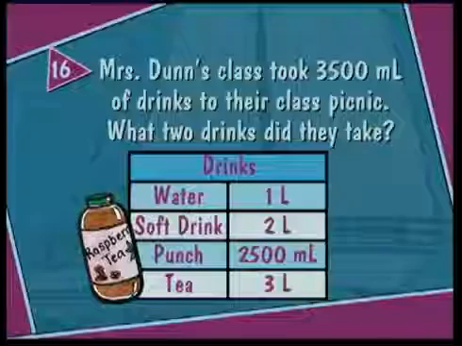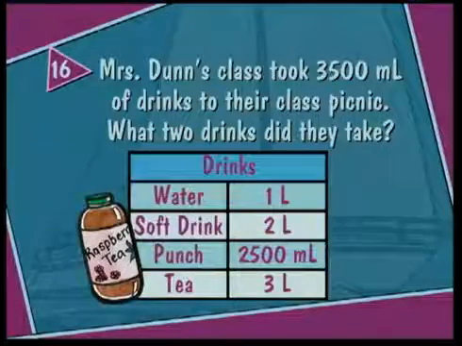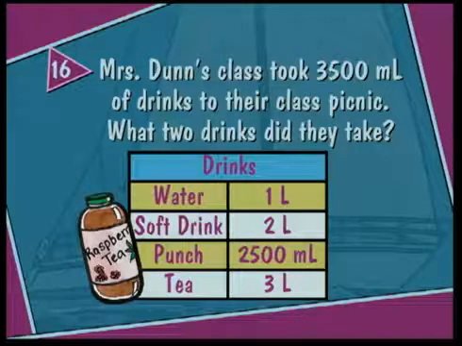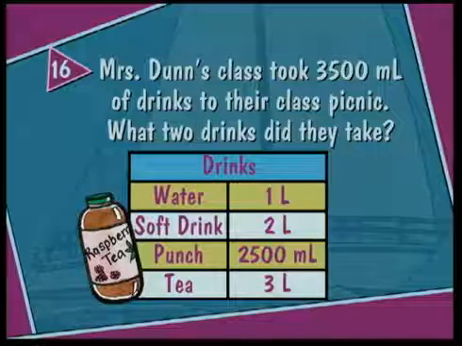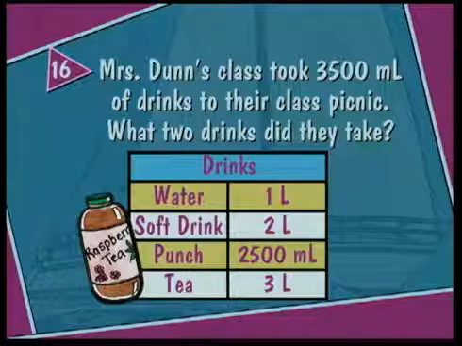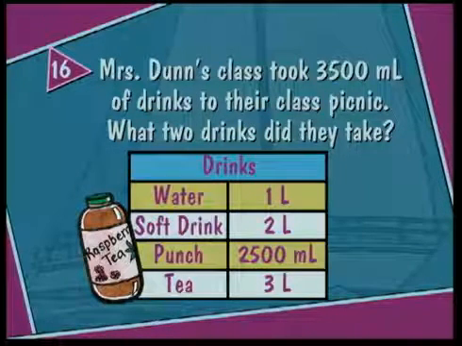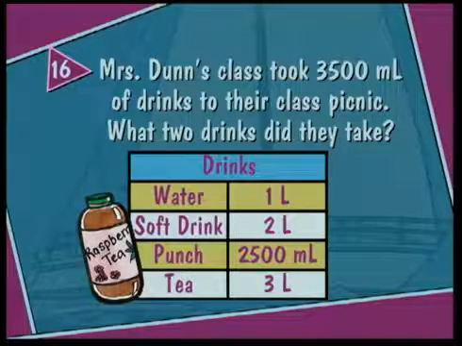You should have, at least should have done it in your head. 1 liter would equal 1,000 milliliters. 2 liters is 2,000 milliliters. All right, so which ones did she have? Which drinks did they take? Okay, water and punch. That would be 1,000 milliliters plus 2,500 milliliters gives us the 3,500 milliliters.